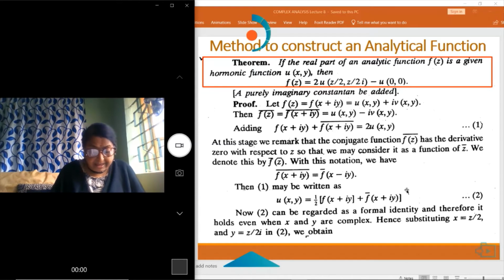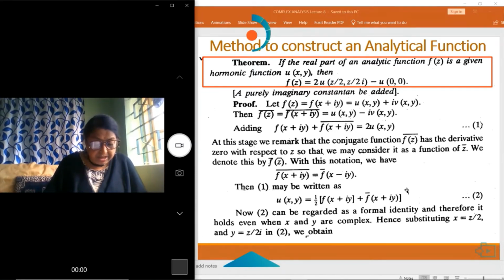Proof: let f(z) = f(x + iy), which can be written as u(x,y) + iv(x,y).